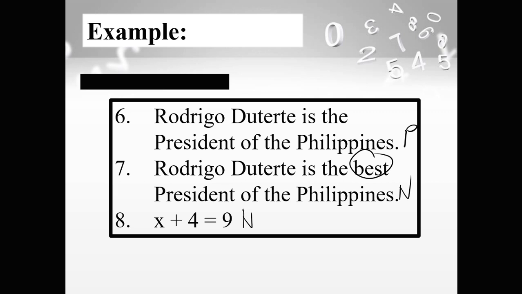But what if one of your classmate, nilagay niya sa value ng x is 4. So 4 plus 4 is equals to 9, that is false. So ang nangyari na po, naging magkaiba na po yung answer nyo, naging true and false na po. So, that is not a proposition. Pero kung may nakalagay po na value ng x dyan, then you can answer if it is true or false. Okay?